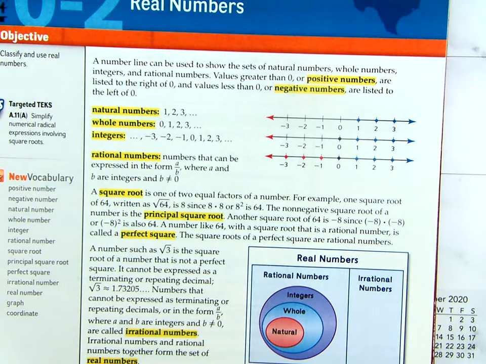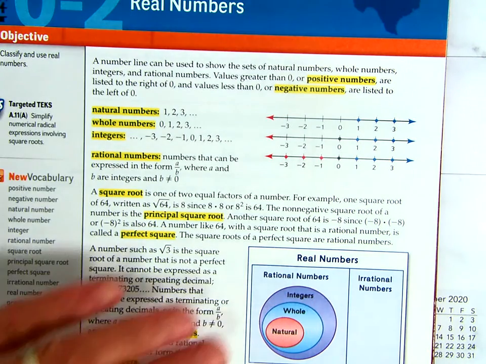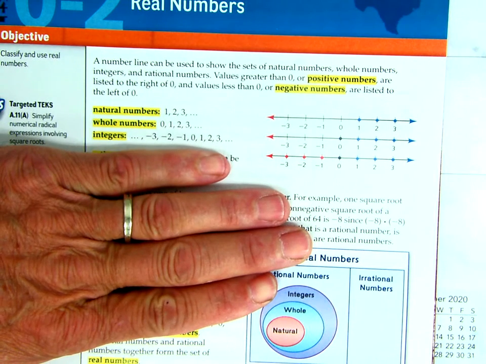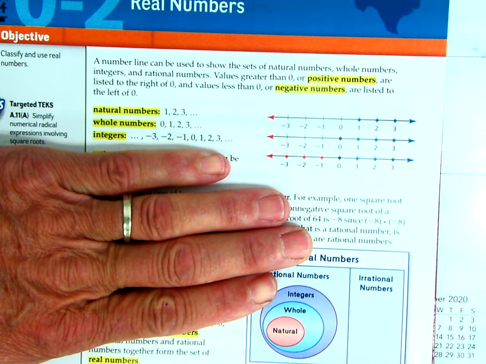So let's see, I'm thinking of a number: 7. What set or sets would the number 7 belong to? What we have just read? Whole. Be a whole number, be an integer, and it will also be a natural.